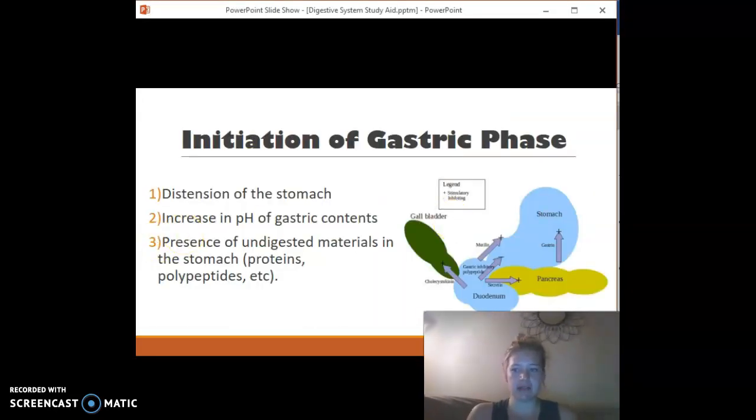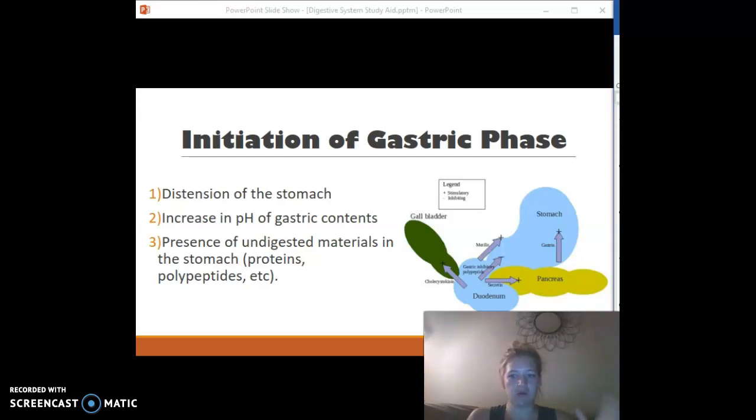Okay, how is the gastric phase initiated? The vagal reflex during the cephalic phase initiates digestive activity before food even enters our mouth. Once food enters the stomach, there are stimuli in the gastric lumen that initiate a series of short reflexes during the gastric phase. So one of the biggest components is the distension of the stomach.